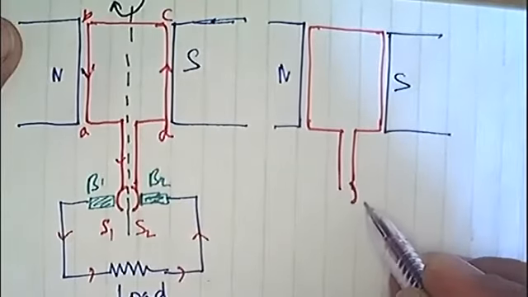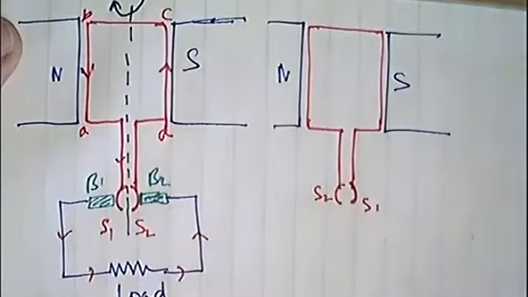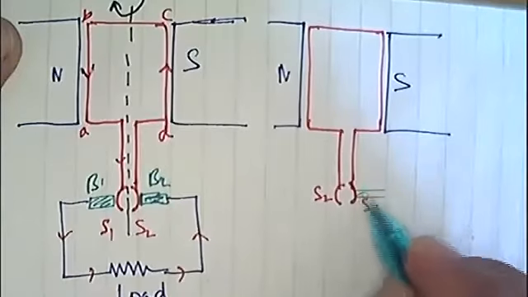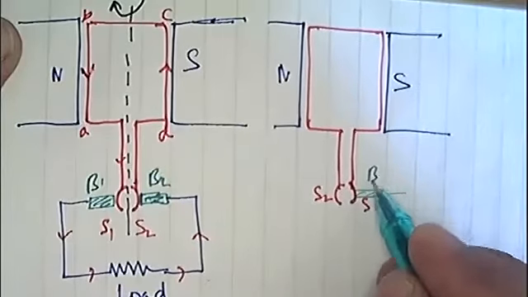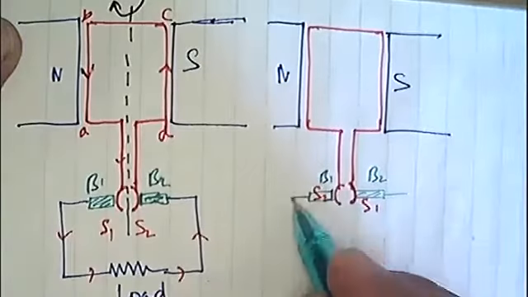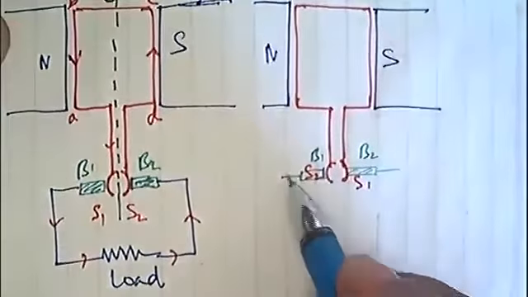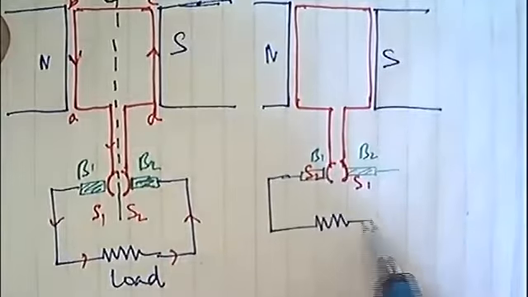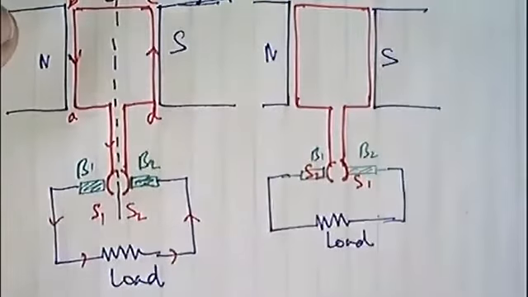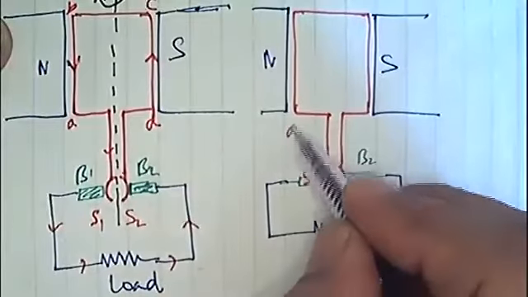Here it is S1 and the opposite side it is S2. The brushes remain in their position. This is brush B2. This one is brush B1. Connected to external load. The position of arms has been changed.